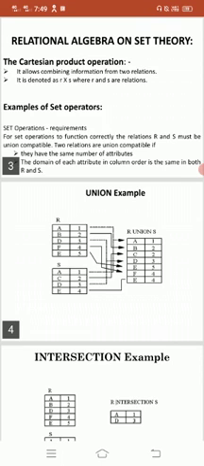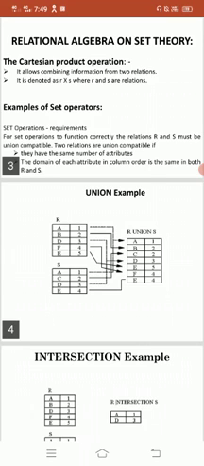So what is meant by relational algebra? This is very important here. The definition: relational algebra is a procedural query language. It consists of a set of operations that take one or more relations as input and produce a new relation as output.